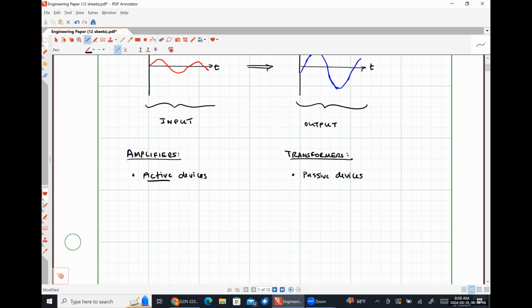Okay. So there is an interesting result from amplifiers being active devices and transformers being passive devices.